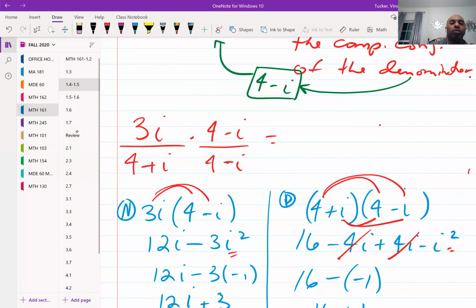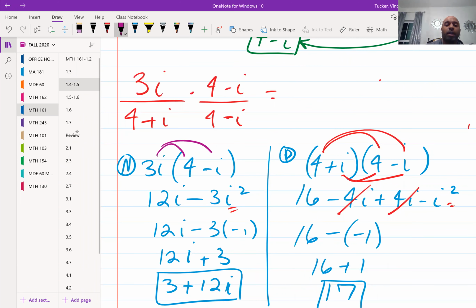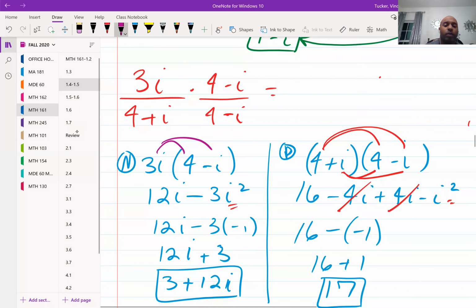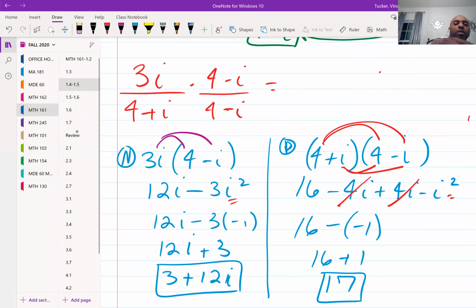We distributed 3i to each term. 3i times 4 is 12i. 3i times negative i is negative 3i squared. Don't forget that i squared is negative 1. So that's going to be 12i plus 3 because the negative and negative turns positive. And then don't forget you rewrite your answer in standard form, real part first, imaginary part second.